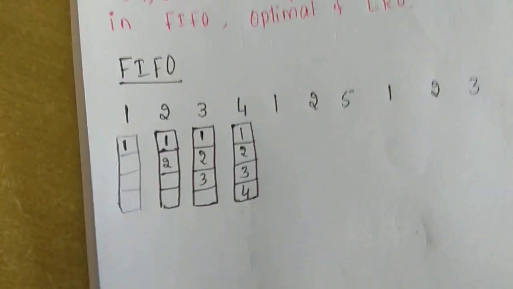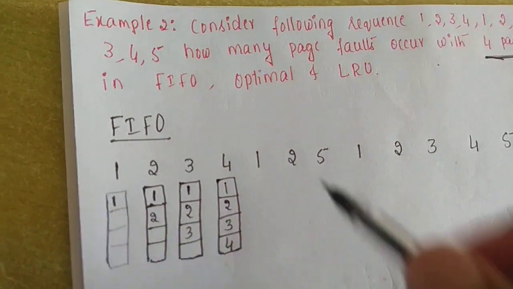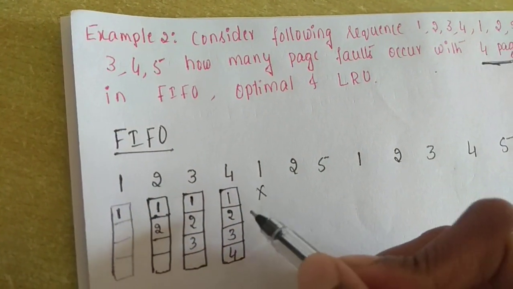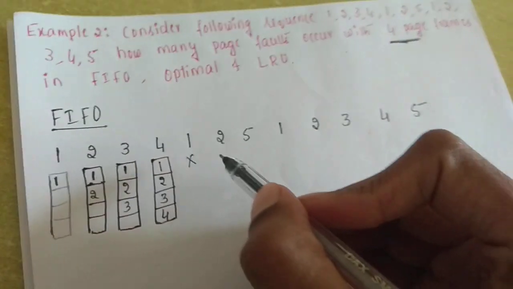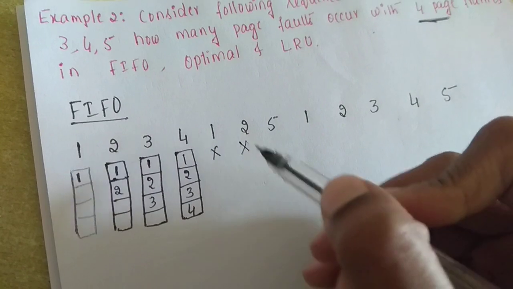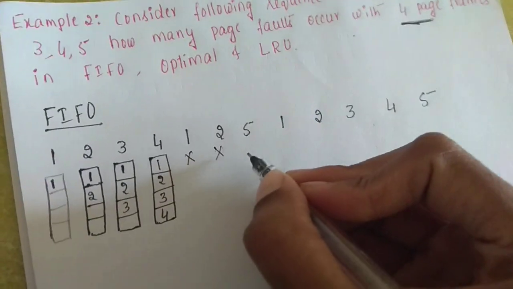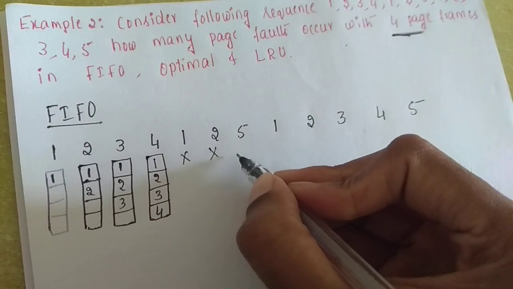Next the coming number is 1, which is already in the frame, so I am not going to consider this one. Then the next element is 2, which is also in the frame. Don't consider this also. Next is 5. It's not in a frame, so I'm going to consider this one.